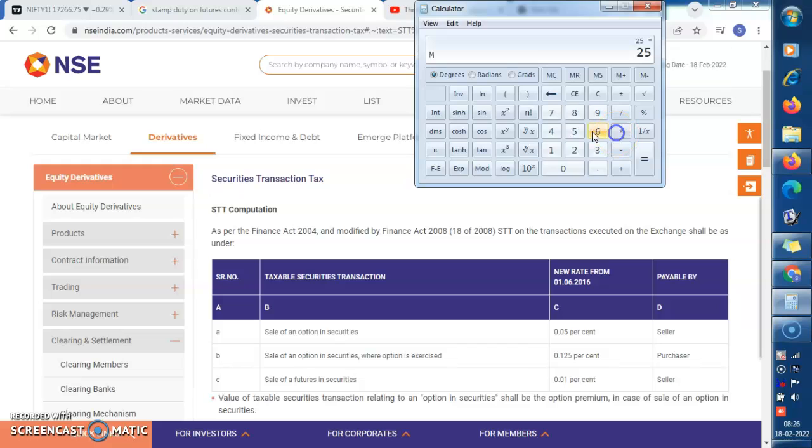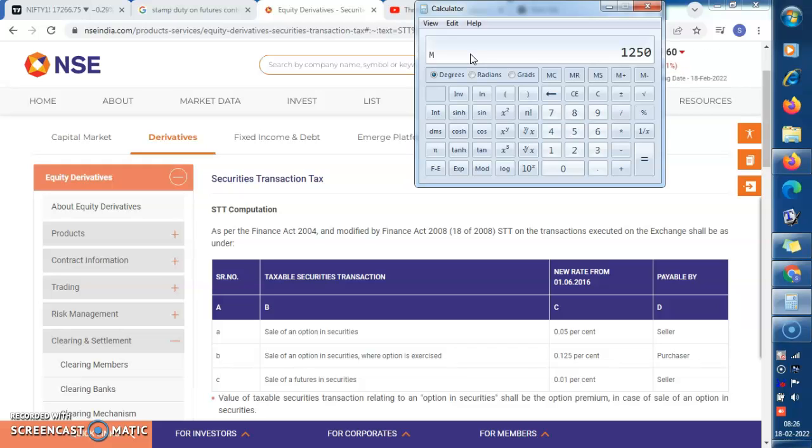So 25 into 50, I am taking 1250 rupees as the stop loss. If it is hit I will go out, and if needed I will come back again. I can take multiple attempts because my cost of doing business on an intraday basis is nominal, 103 to 105 rupees per transaction.